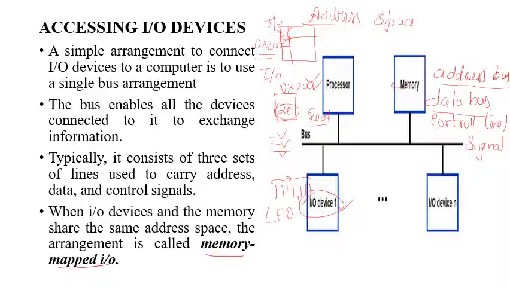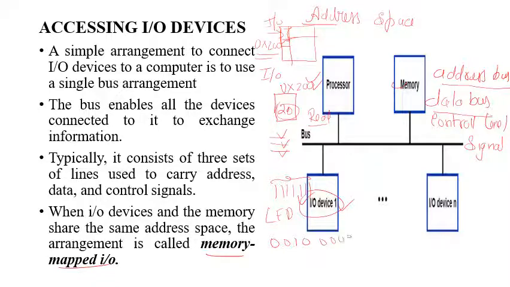If you load 20 to 0x200, then this 20 gets reflected in these LEDs in binary form. 20 means 0 0 1 0 0 0 0 0.